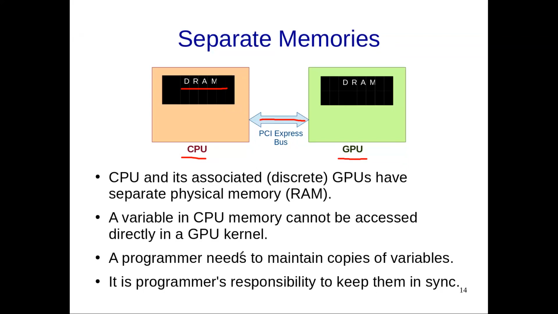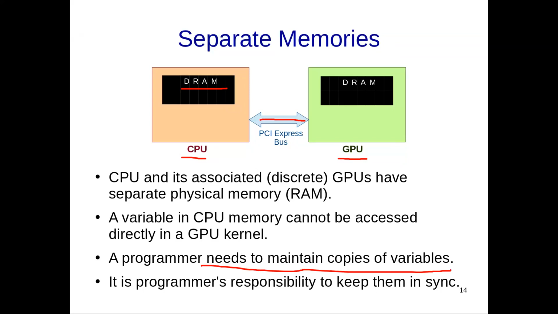Therefore the programmer needs to maintain these copies of variables. At the basic level, and this is changing in CUDA, it becomes the programmer's responsibility to keep them in sync. So there is a lot of programming burden on the programmer, but that is required by default unless you use something better.